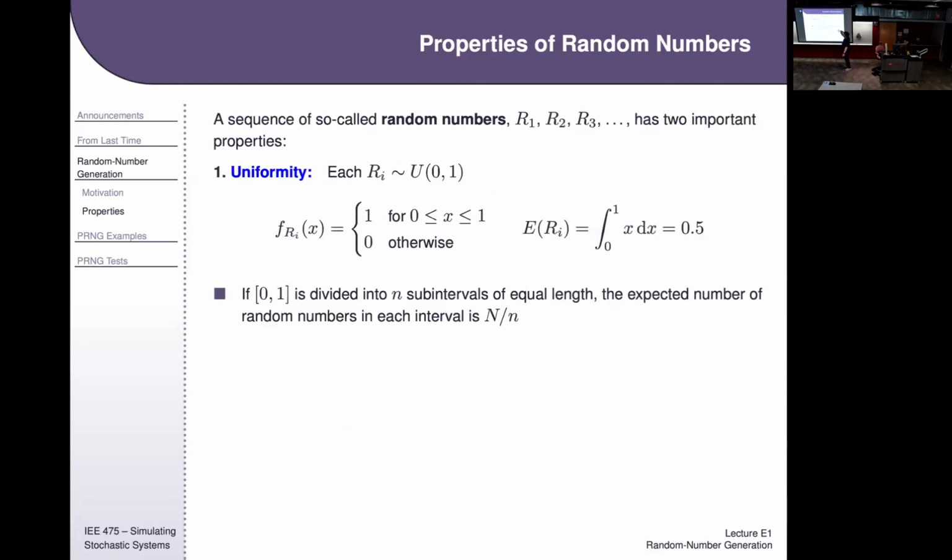I can formalize that by saying that each one of my random numbers comes from 0 to 1, so it has this probability density function.